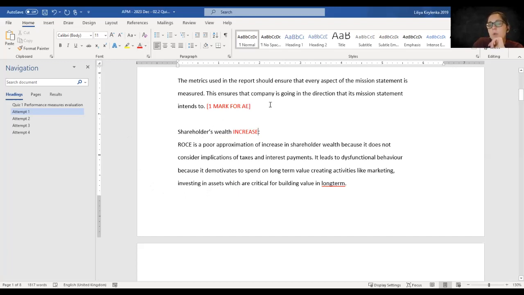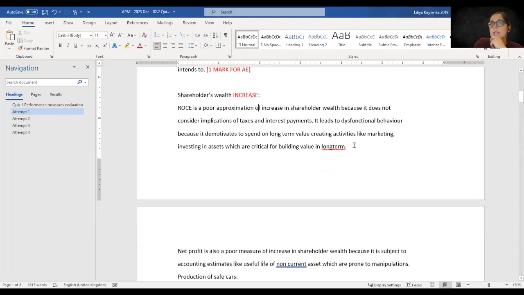Return on capital employed is a poor approximation of increase in shareholder wealth because it does not consider implication of taxes and interest payments. It leads to dysfunctional behavior because it demotivates to spend on long-term value creating activities like marketing, investing in assets, which are critical for building value in long term.